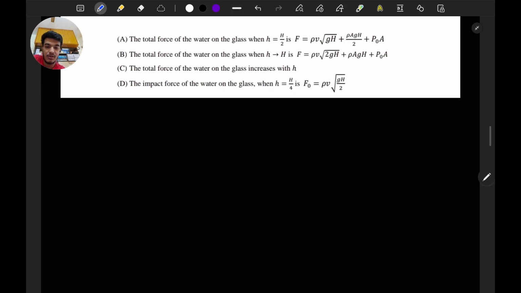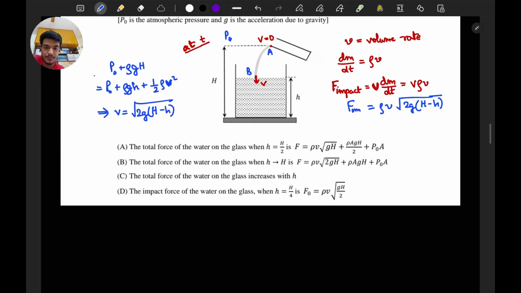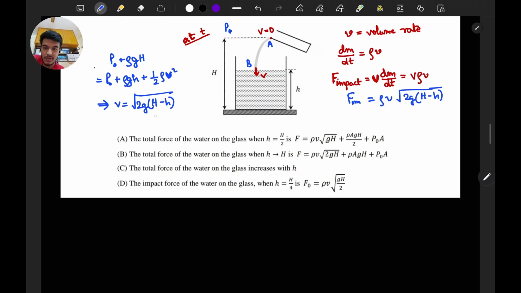Now just look for one thing. In the first option, it has been said the total force of the water on the glass. So total force would be what? Basically the force at the bottom due to the water column, plus the force due to impact of water here, right? That is the total force that is actually acting in the system.